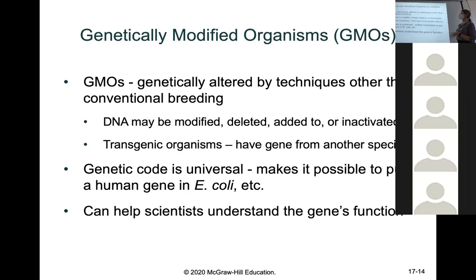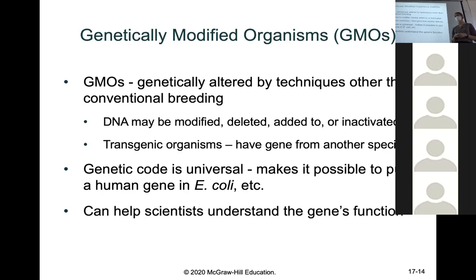So GMOs are any organism that's been genetically altered by some process other than conventional breeding. For thousands of years, we've been breeding plants to make bigger fruits, or we've been breeding animals to help in the fields. So that's not considered GMOs, but we have been altering the genetics of organisms for a long time.